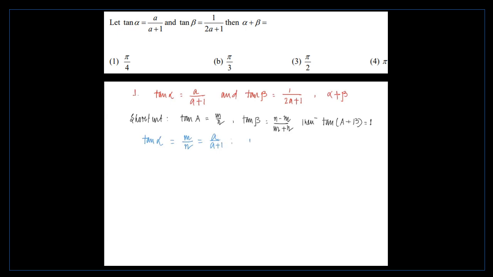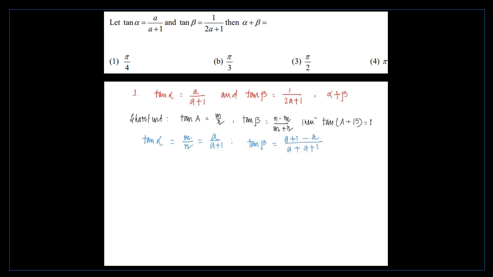Now we come to tan beta. As per the shortcut form, it is n minus m by m plus n. N minus m, that means we can write a plus 1 minus a, by m plus n, that is a plus a plus 1.